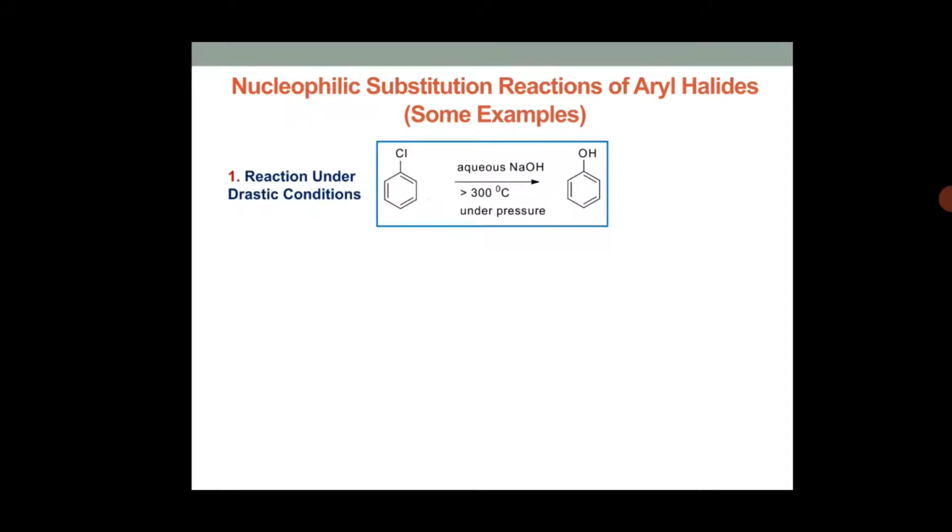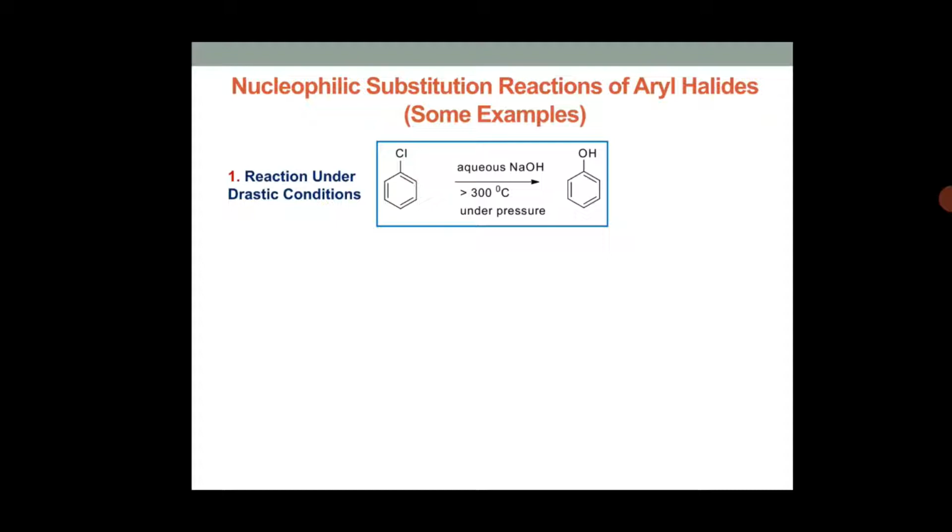Look at this reaction. Chlorobenzene undergoes nucleophilic substitution reaction with aqueous NaOH only at a temperature greater than 300 degrees centigrade and under pressure. But many sensitive substrates may not sustain this high temperature and pressure.